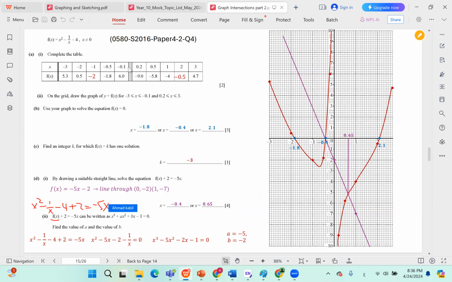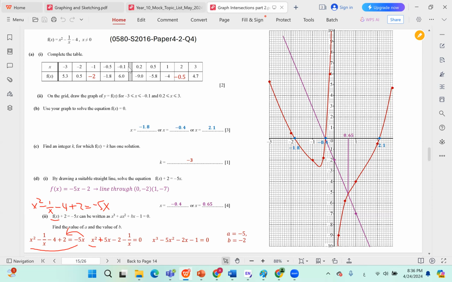This is what I did here. And then I took the -5x to the left-hand side, and I rearranged them from high power to low power. So this should have been plus 5x, not -5x. Yes, this is actually a mistake here. This should have been plus 5x because the 5x will acquire the opposite sign.